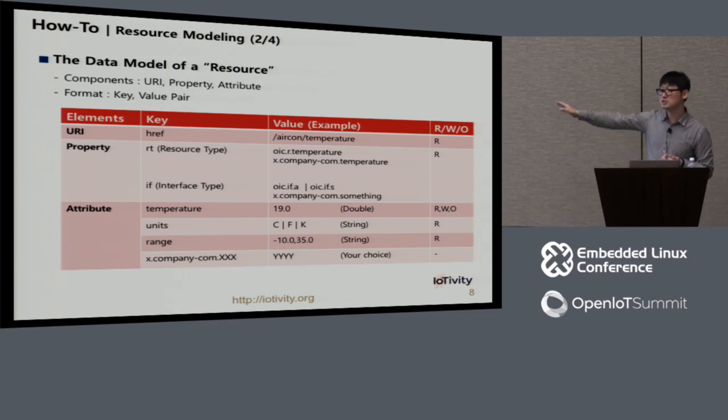The reason why we use this kind of naming format is that if we just use a plain name without this format, we may have conflicts between resources already defined in the OIC and the vendor-defined ones. For example, say I want to use just an attribute named value. But if some resource has the resource type oic.r.switch.binary, which forces it to have a value attribute, then it will conflict. That's why.